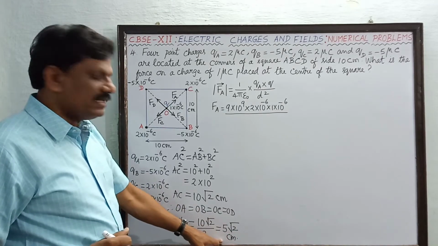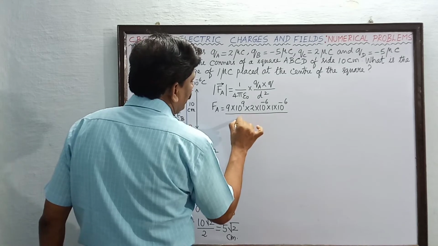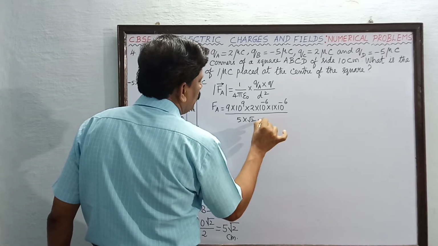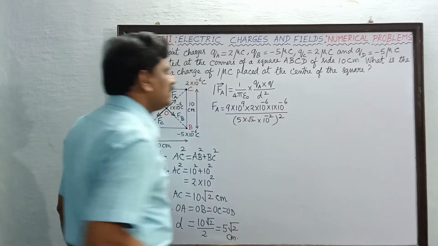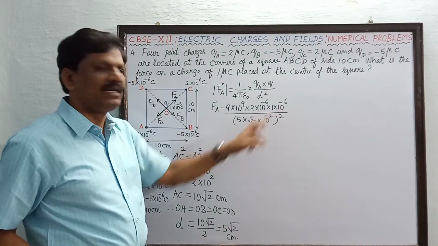The distance is given in centimeter, so 5 root 2 centimeter is 5 into root 2 into 10 power minus 2 meter, the whole square.